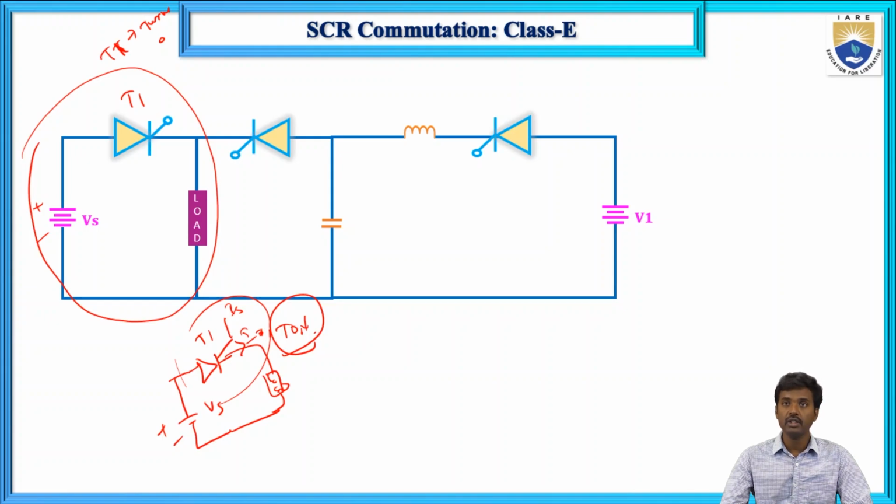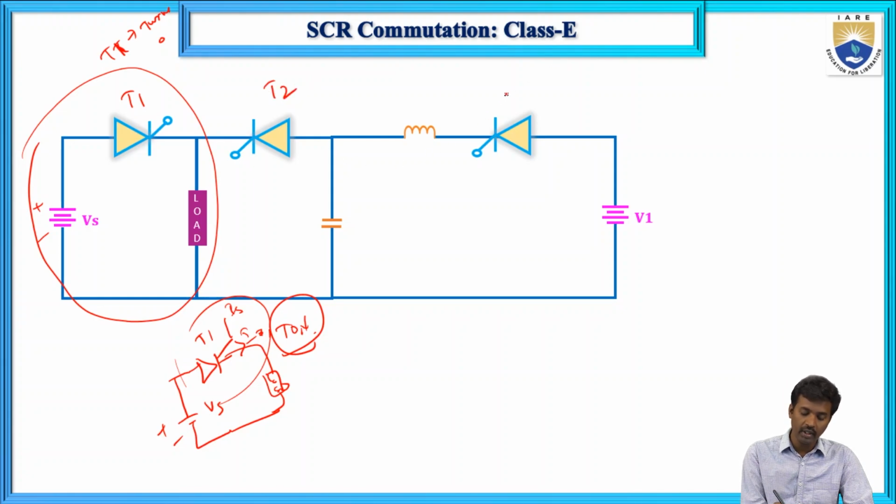Class E is under forced commutation, so we need external components. Natural commutation does not require any commutating elements.